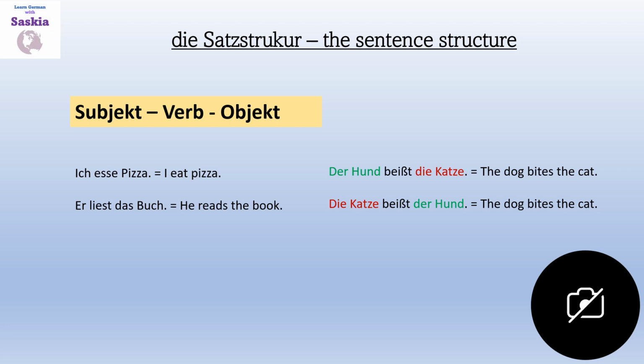But here you can see that because the dog stayed in the nominative case, so we didn't change any endings or anything, it's still the subject. And we can also change it to another place in the sentence, and it's still the subject. So here you can see that German sentence structure has this default of subject, verb, object, but we can also change it a lot as we pay attention to the grammatical cases.